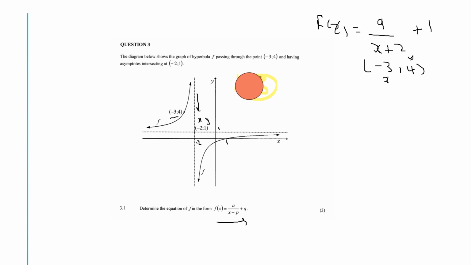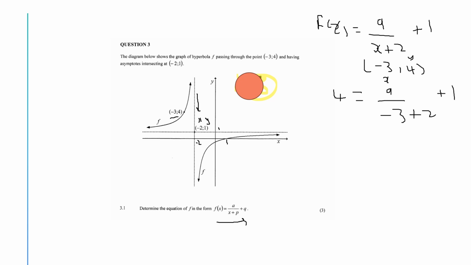So we need to go and find a now. So y there is 4, because our aim is to find a, not the intercepts. So this will be 4 = a over (-3 + 2), then plus 1.